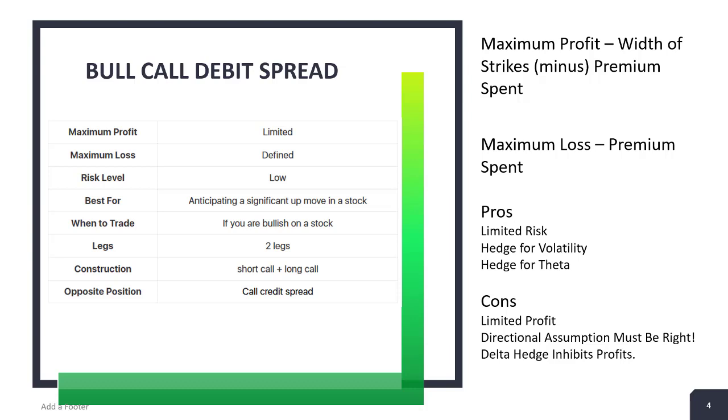Well, let's think about this. If you buy a 70 delta call, you're long 70 deltas, right?